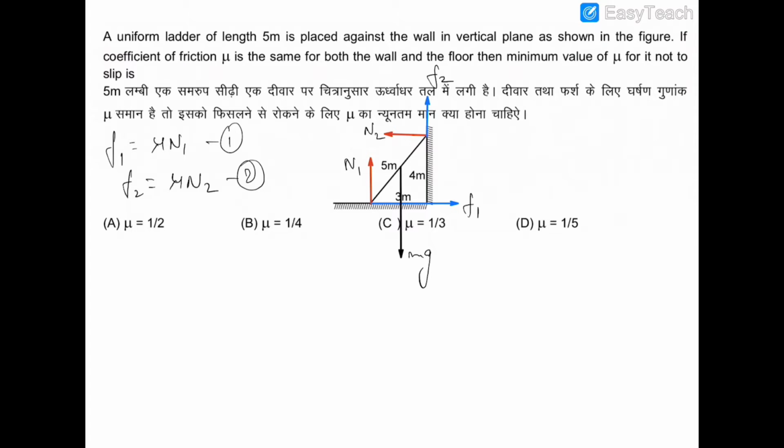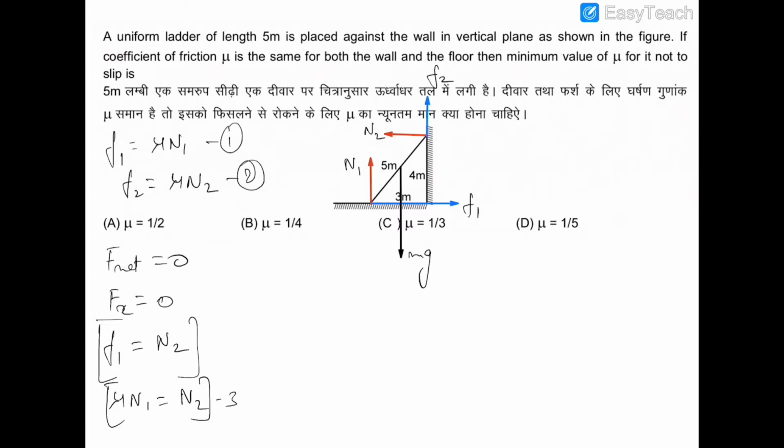Now we know that the net force acting on the rod is 0 in x-axis as well as in y-axis. So let us first of all equate the forces of x-axis, and therefore you can see that friction F1 is equal to N2, and obviously we know that friction F1 is mu N1, so mu N1 is equal to N2.